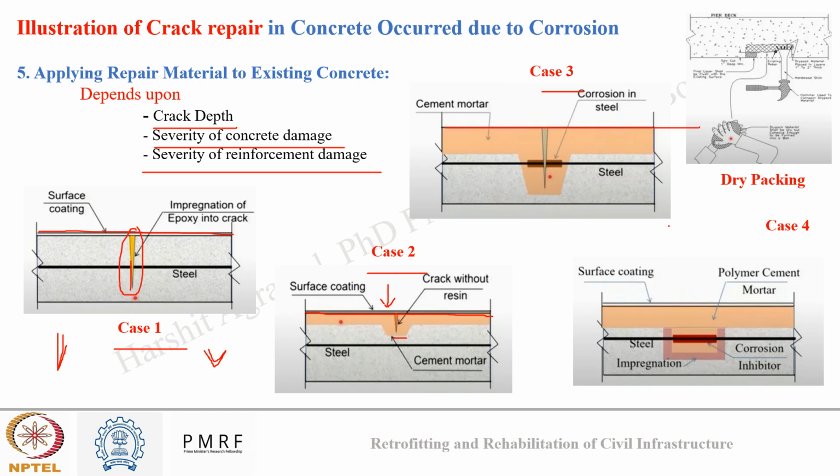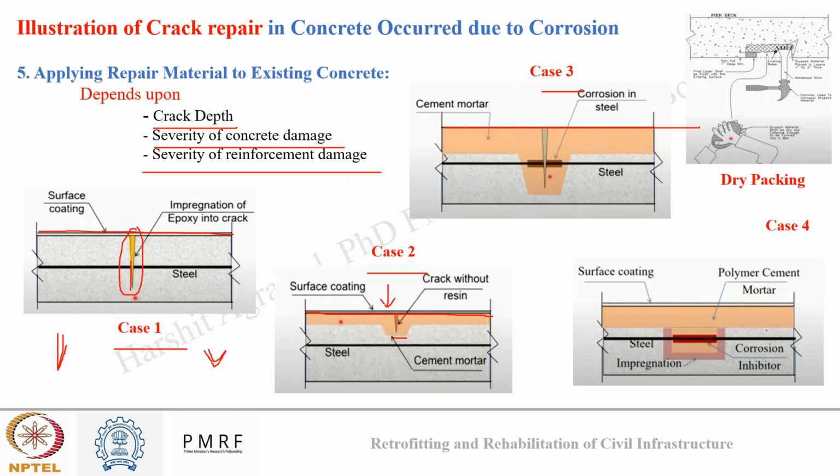Now, in case 3, if it is observed that my rebar is not severely damaged, it has not undergone severe pitting or cross-sectional area loss, but we can see a lot of corrosion product formed uniformly over that defected area, we can also go for some corrosion protection methods like cathodic protection or use of a corrosion inhibitor.